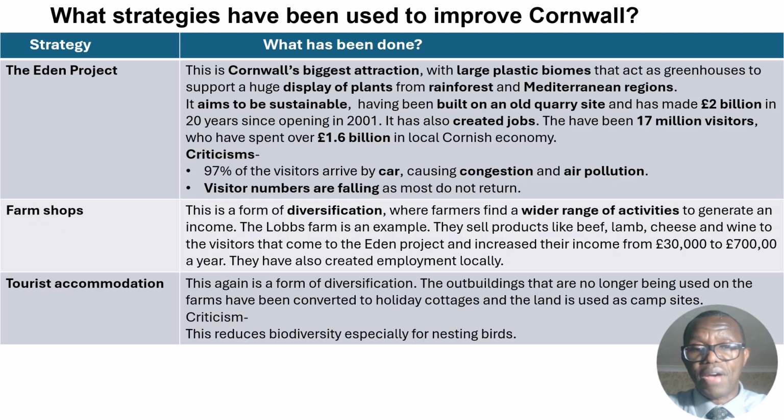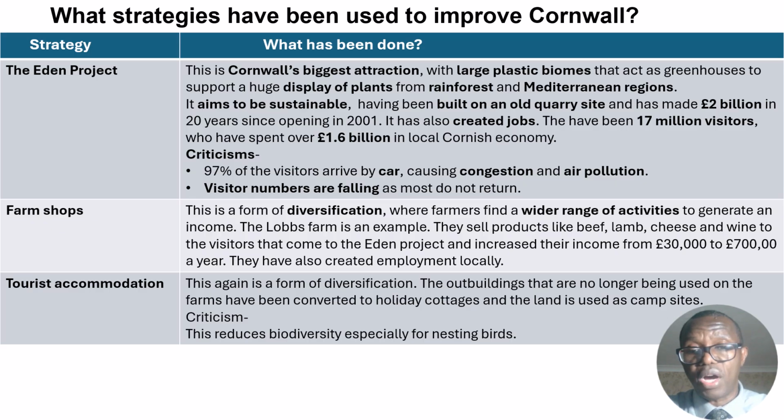Then we also have farm shops. Now, these farm shops are a form of diversification. With the decline of the dairy industry that we had talked about previously, those farmers needed to find other ways of making money. And so farm shops is one example of diversification, finding strategies for a wider range of activities to generate an income.